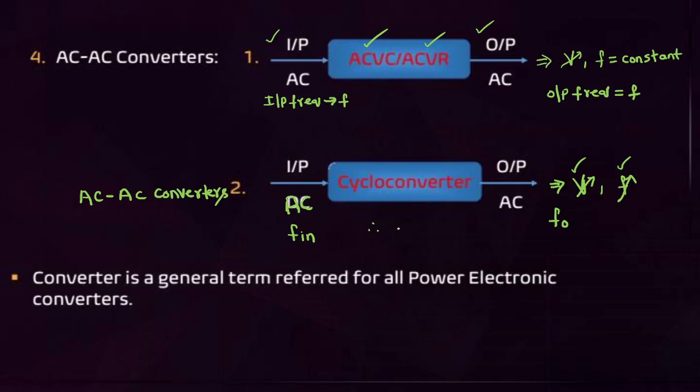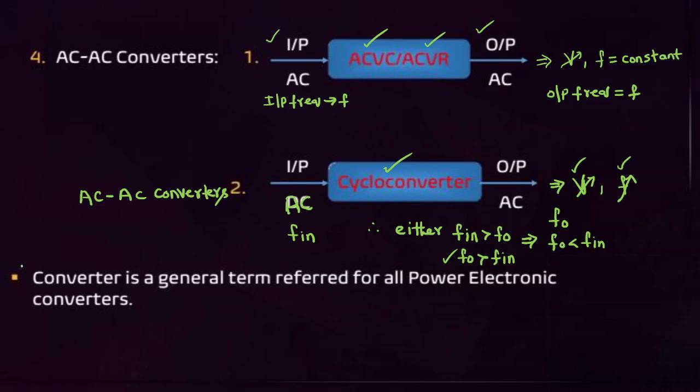We can make either F in greater than F naught or F naught greater than F in. We can step up the frequency or step down the frequency, so F naught can be less than F in or greater than F in. Those converters are called cycloconverters. That is, the converter which converts AC to AC with variable voltage and variable frequency is called a cycloconverter, or sometimes it is also called a matrix converter.